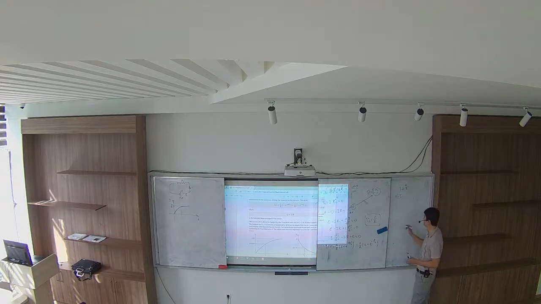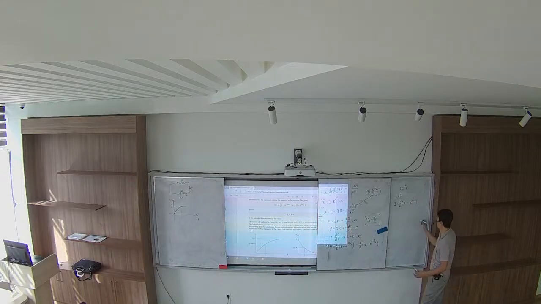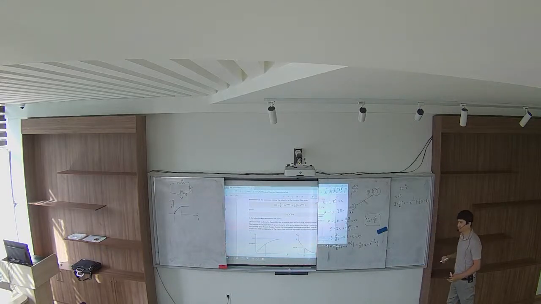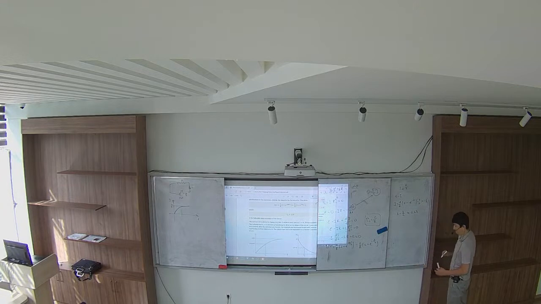If I substitute here t by tau, I'll have E divided by R times 1 minus e to the power of minus 1, right? So this is E divided by R times 1 minus 1 over e, which is approximately 0.64.